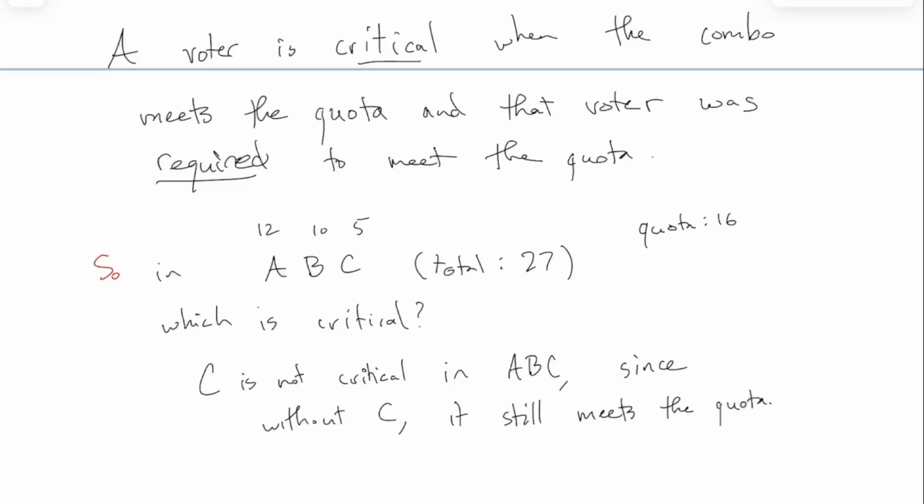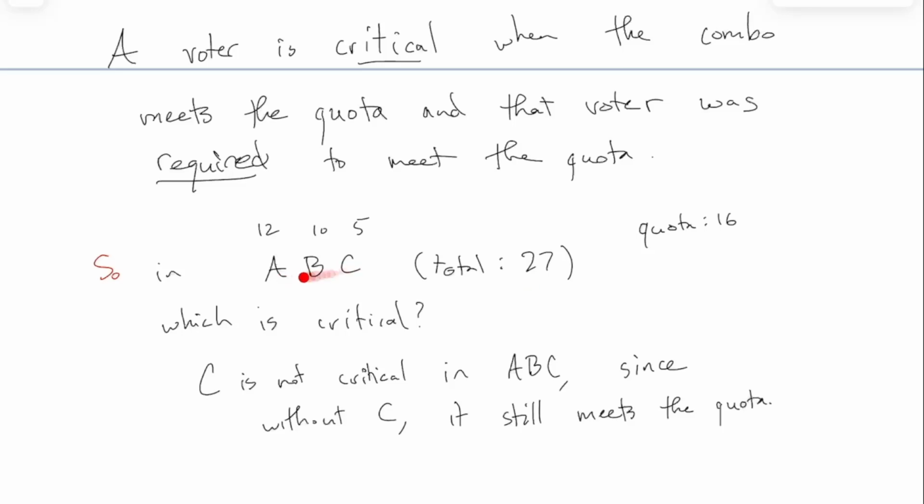What about B? Do I really need B to make the quota? What do you think? Is B critical in this combination? I see some heads shaking slowly back and forth. Yeah, B is also not critical here because it adds up to 27, and if I took away B, which is 10, that's 17, which still makes the quota.